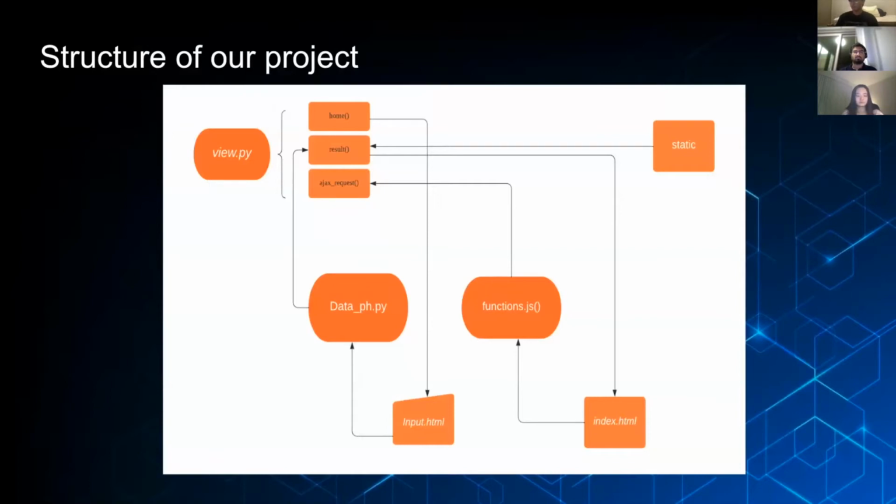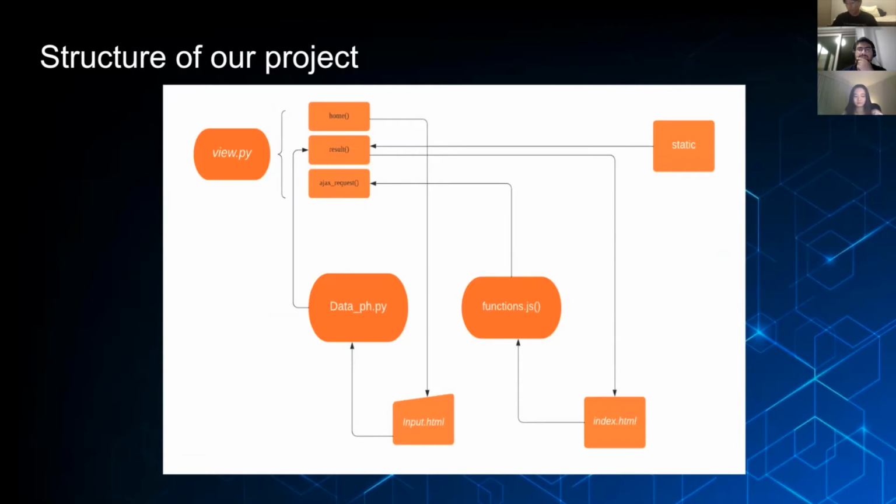So we have a main Python file called view.py, and this file creates a development server and technically connects all the HTML and JavaScript files together. First, we run view.py on the terminal, and it makes a development server, and then it runs a function called home, and that home function puts input.html on the website.